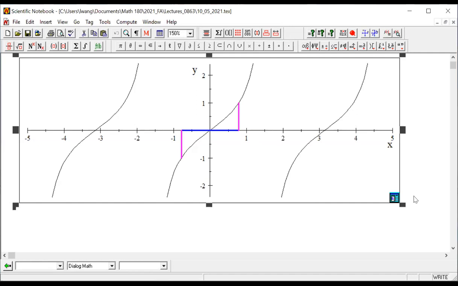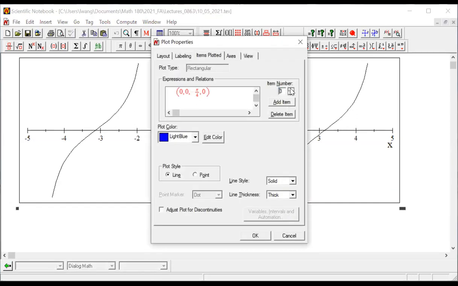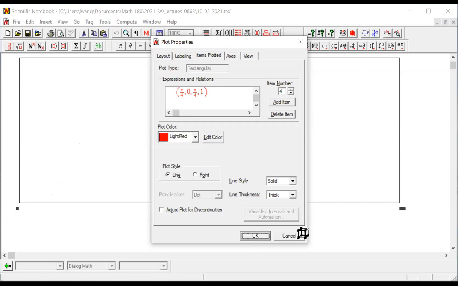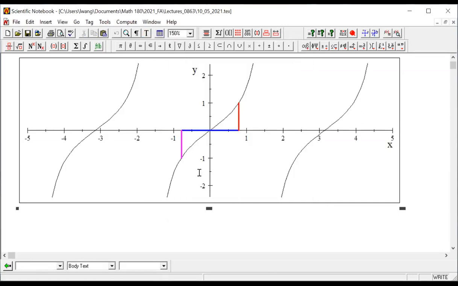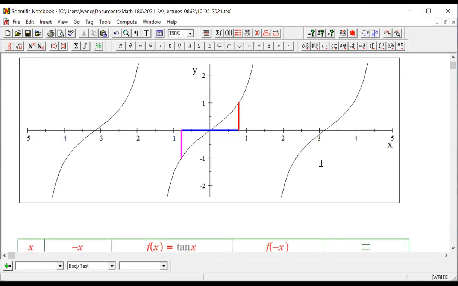All right, okay, purple, red. Make this red. So with that said and done, shall we do a little summary here about even odd function properties?